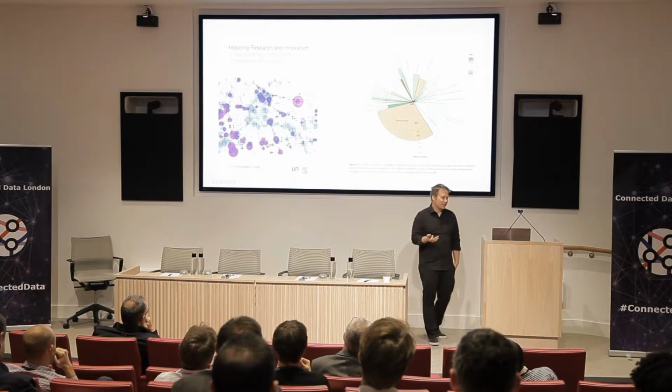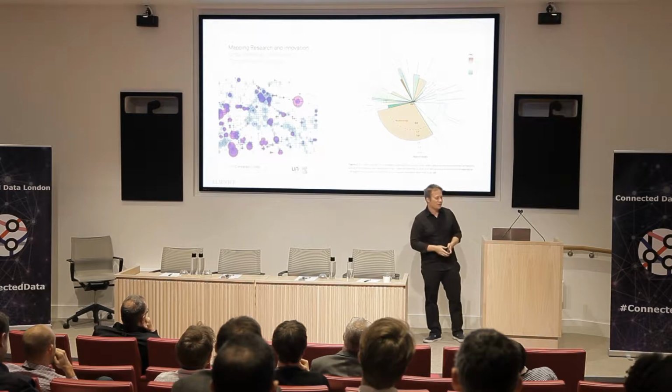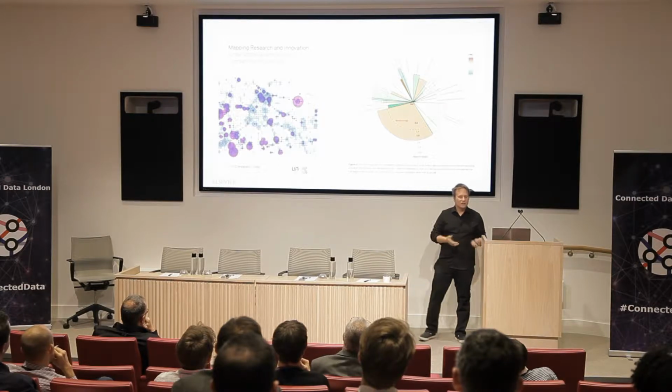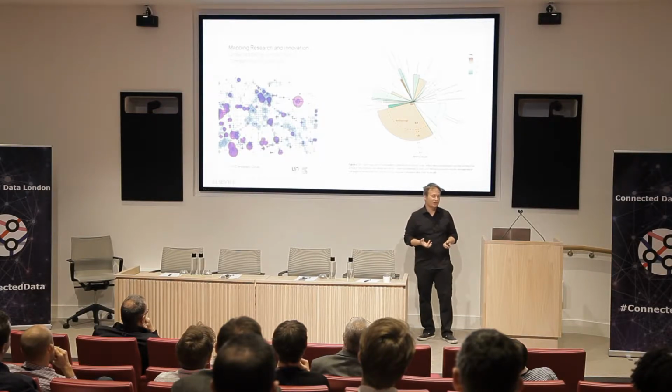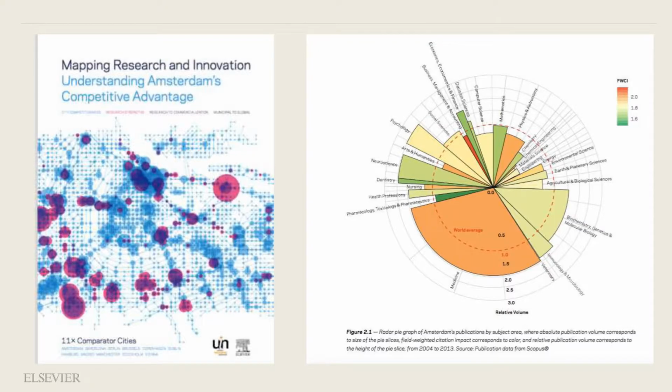This is one of my favorite examples of what you can do with this kind of knowledge graph that is Schemas: actually give a city a comparator of how they're performing in research in different domains. So another entity in Schemas that we have, using a taxonomy, is a breakdown of fields.